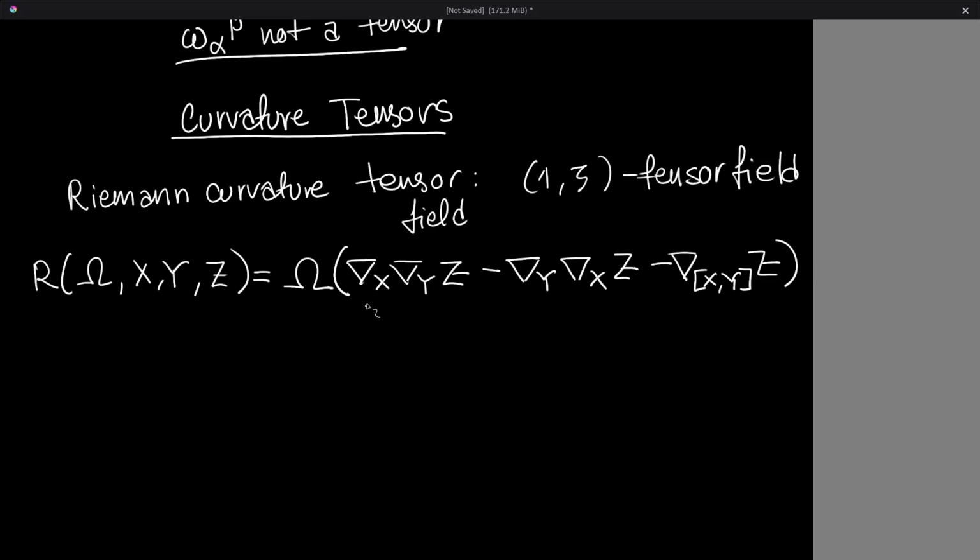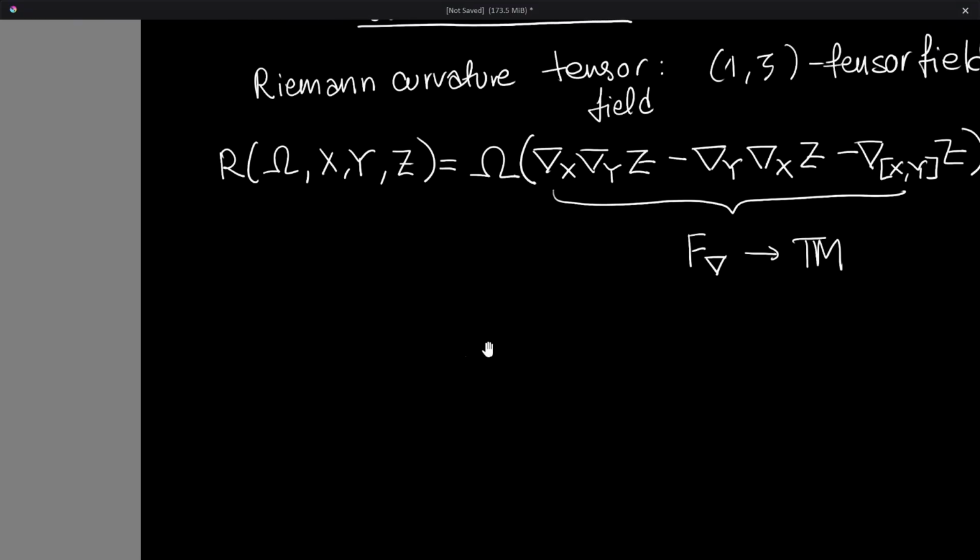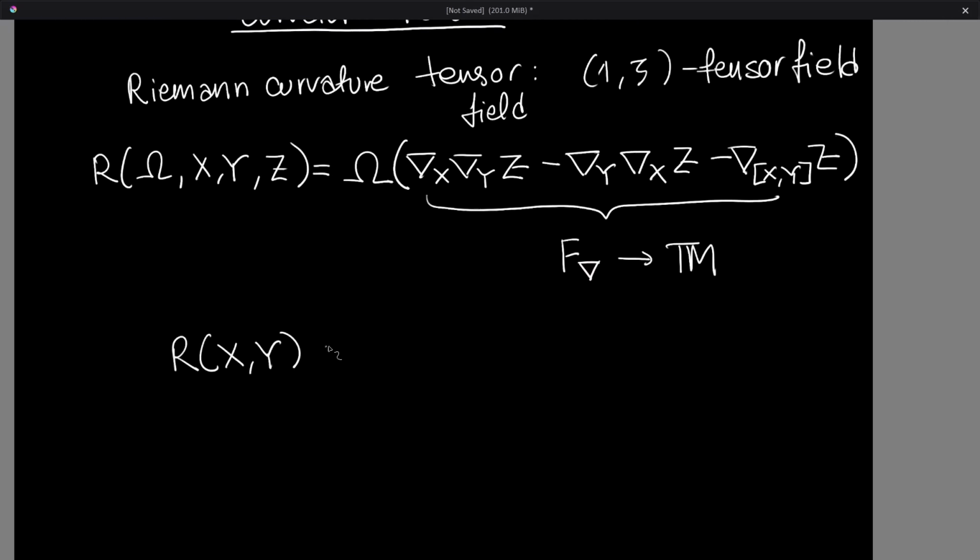So this is actually F nabla if we take F nabla to be on TM. If we're specifically on the affine bundle, then this ends up being the same, and in fact we can say R xy is equal to F nabla xy.